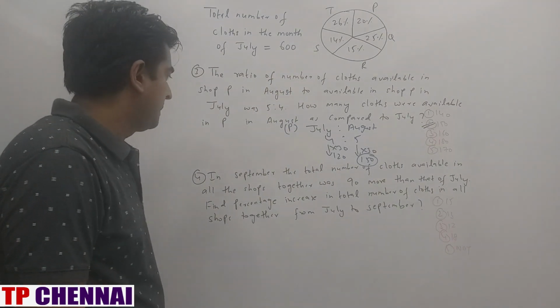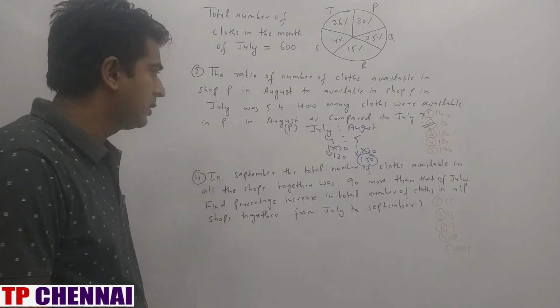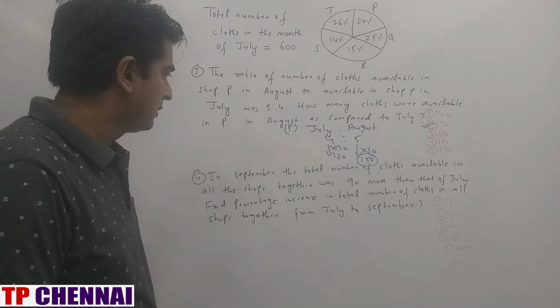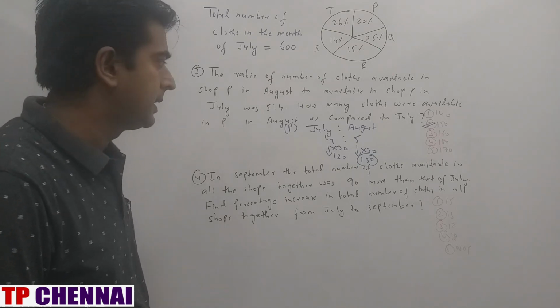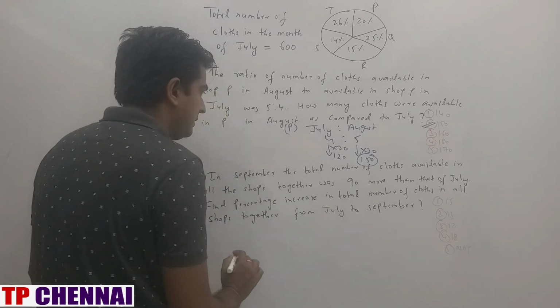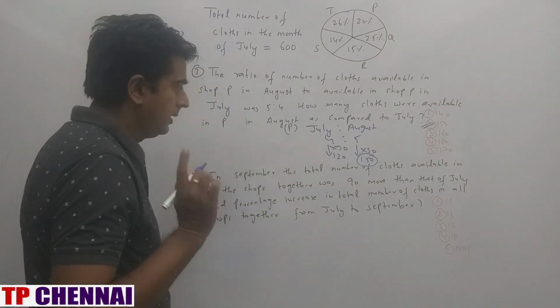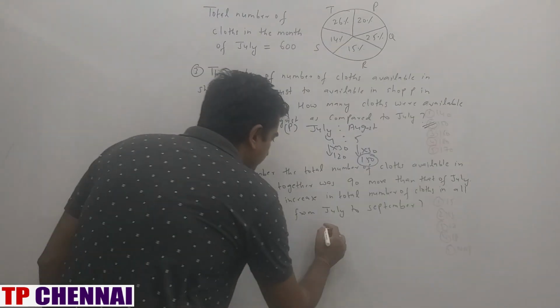Fourth one. In September, the total number of clothes available in all the shops together was 90 more than that of July. Find the percentage increase in the total number of clothes in all the shops available together from July to September. They are talking about September and July.